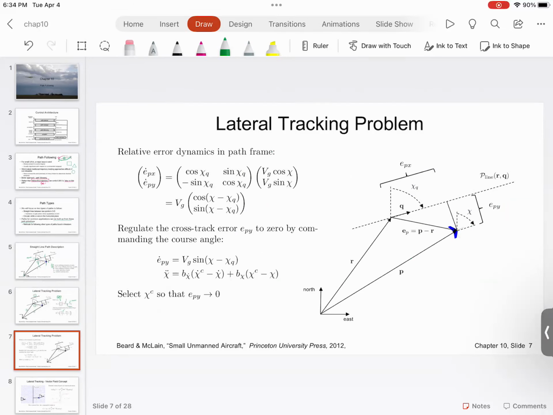px and py. Now, if I want to look at the actual p and r, the error, that is nothing but the component of ground speed. Vg is nothing but the air speed, and so basically the ground speed is, if that aircraft would have been on the ground, not in the air, what would have been the speed of the aircraft?